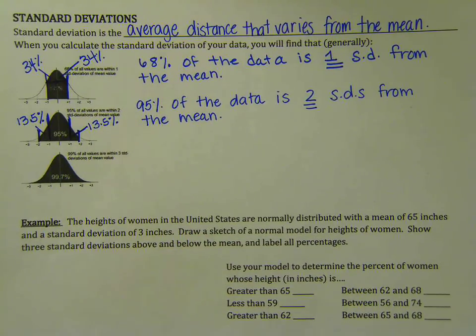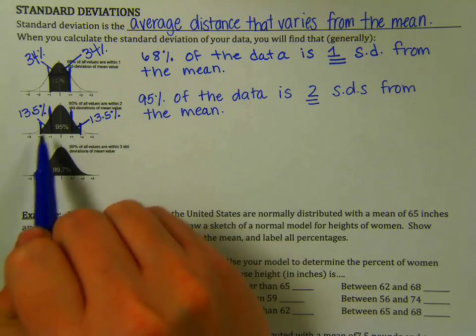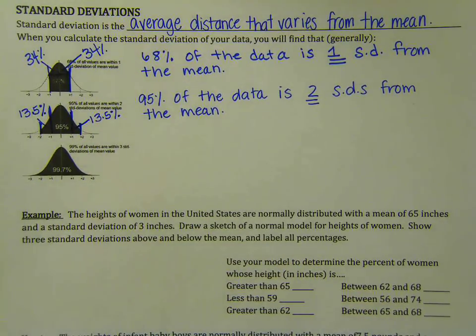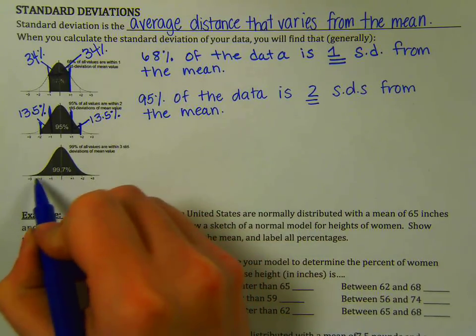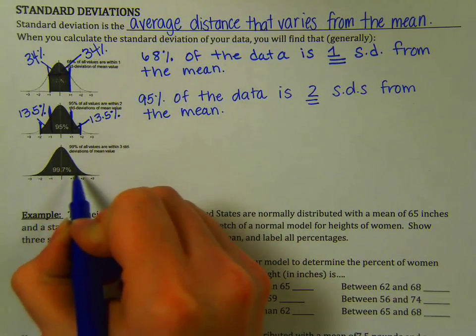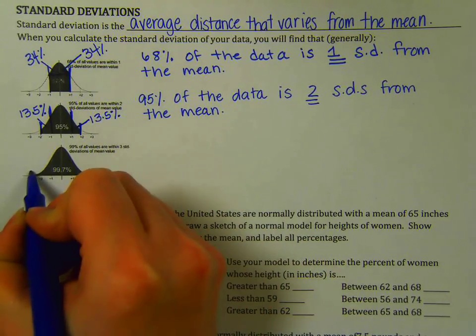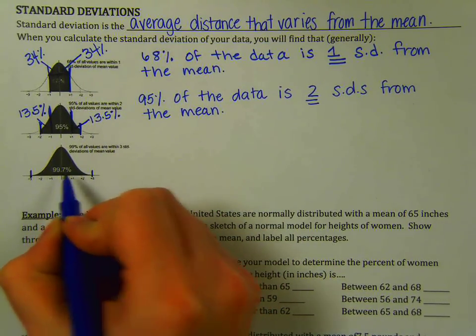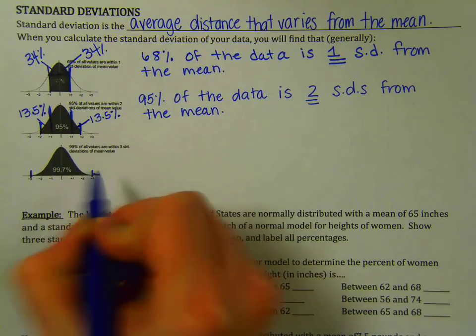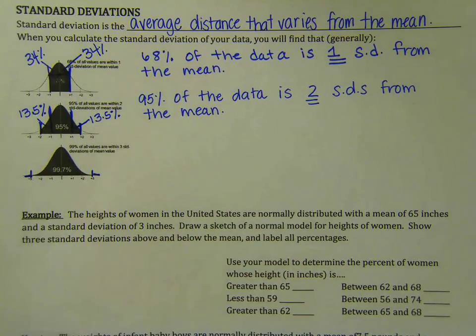Now we have to talk about the rest of the data. So we did 95%, that means there's at least 5% left, right? So down here, this is only 99.7%. That means even though we are within 3 standard deviations and it's almost 100, there's a little bit more at the ends here that's not within 3 standard deviations of the mean.